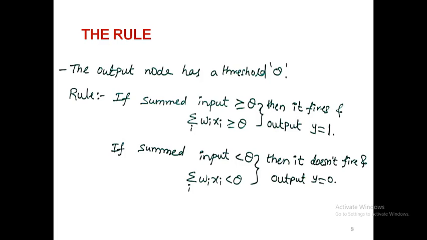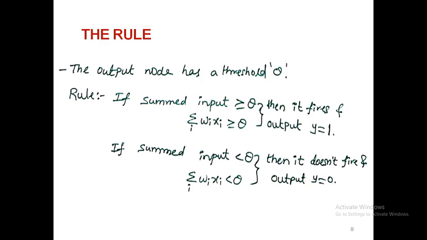As a rule, if the summed input, that is the summation of Wi xi, is greater than or equal to theta, then the corresponding node fires and the output y is equal to 1. Else, if the summed input is less than theta, then it doesn't fire, and the corresponding output y is equal to 0.